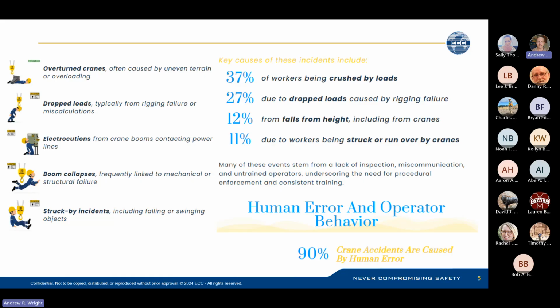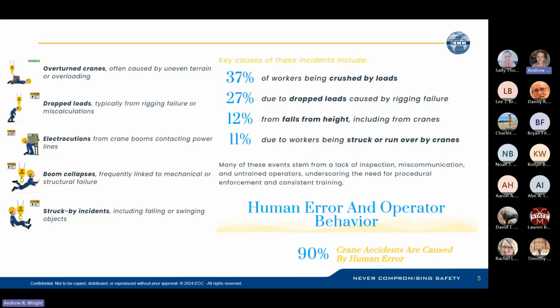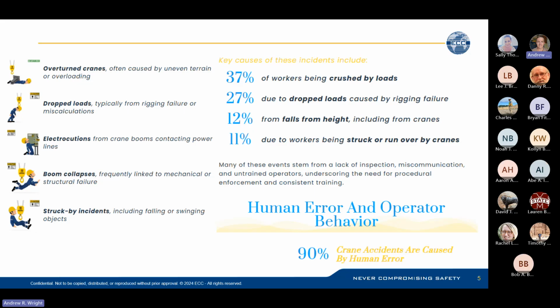This underscores the need for procedural enforcement and consistent training. A causal factor was that 90% of these were ultimately caused by human error and operator behavior, which means they're 100% preventable. Accidents involving overturned cranes, dropped loads, electrocutions, boom collapse, and struck-by incidents could all have been prevented.